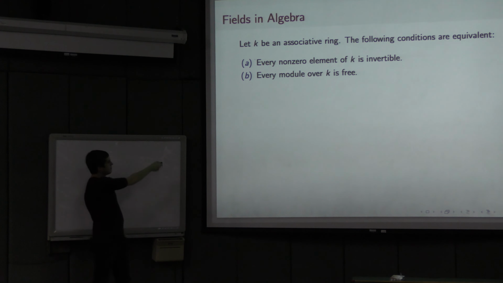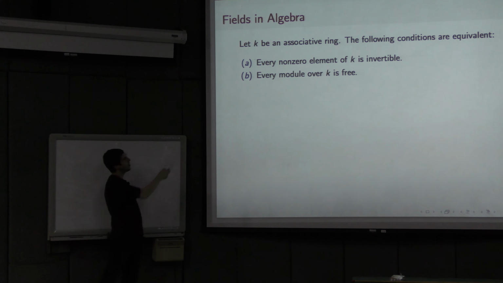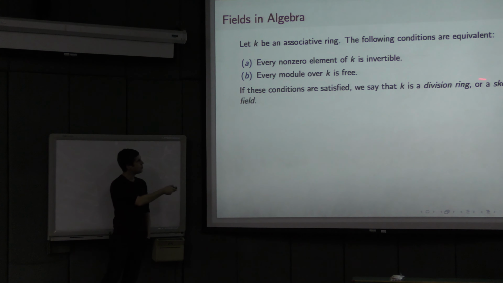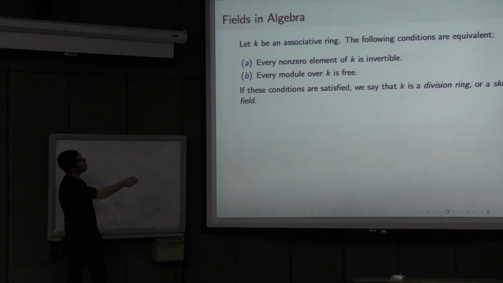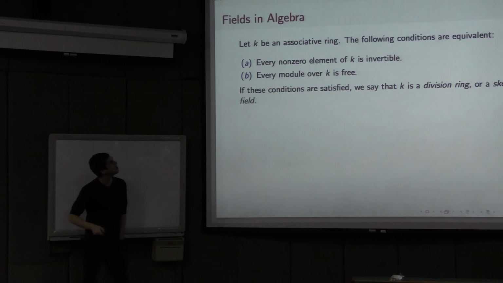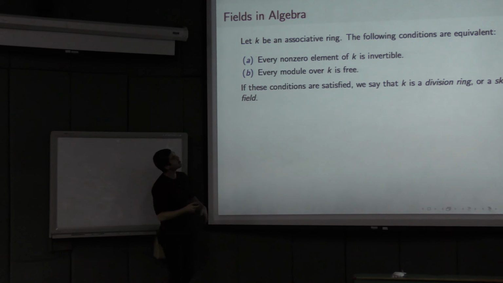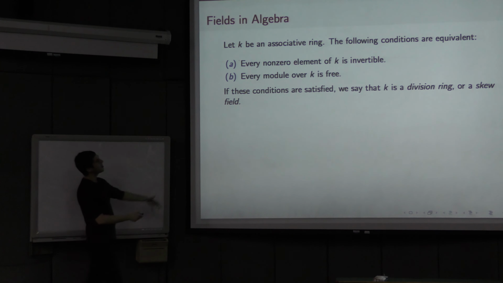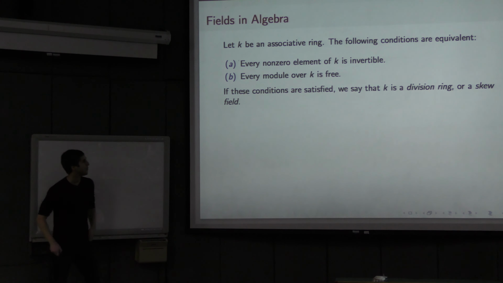An equivalent demand is that every module over K is a free module. And if these conditions are satisfied, in the previous lecture I used the term division ring, a term which is sometimes used is that K is a skew field. And in this lecture I'll be a little bit sloppy and I'll just say that K is a field. So in this lecture, fields can also be non-commutative.